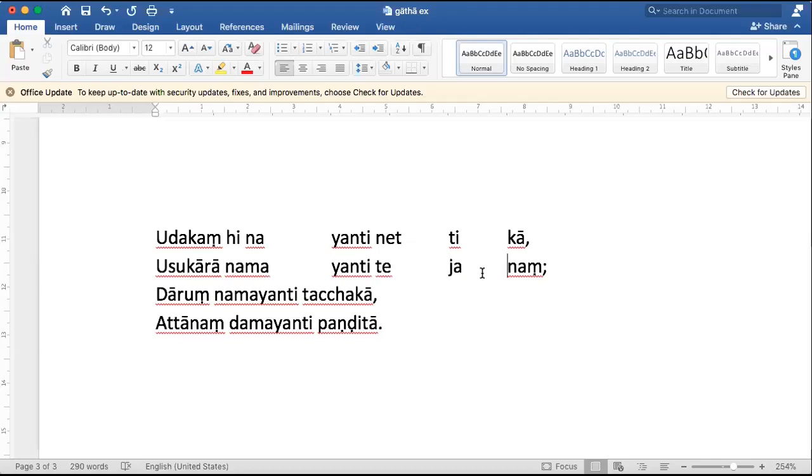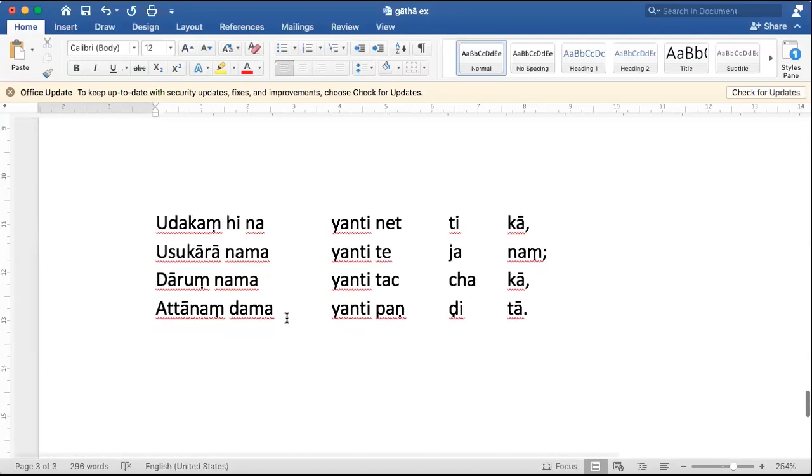Third line, darung nam, 6 moras. Yanti tach ragana, cha ka lahu garu. Fourth line, atta nang dhamma, 8 moras. Yanti pan ragana, di lahu, and then tha garu. So 6 moras ralaga, 8 moras ralaga. Third line again 6 moras ralaga. Fourth line again 8 moras ralaga. So this is a Vuttodaya verse by Lord Buddha.